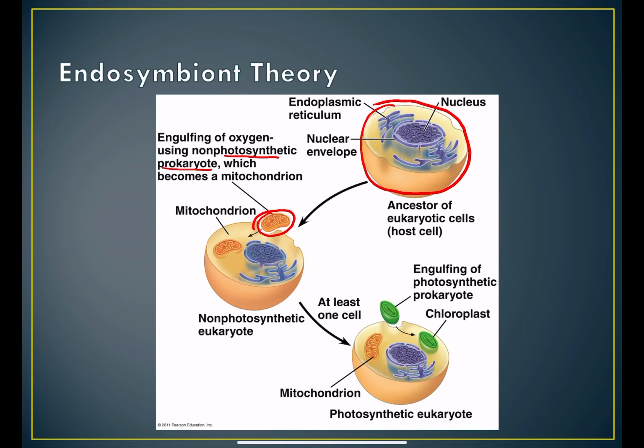And then this engulfs a photosynthetic prokaryote, which becomes a chloroplast. And so this is what gives us our photosynthetic eukaryote that we have today. So we will talk about this again in more depth in evolution, but that is the idea as to how we got from a prokaryote to a eukaryote.